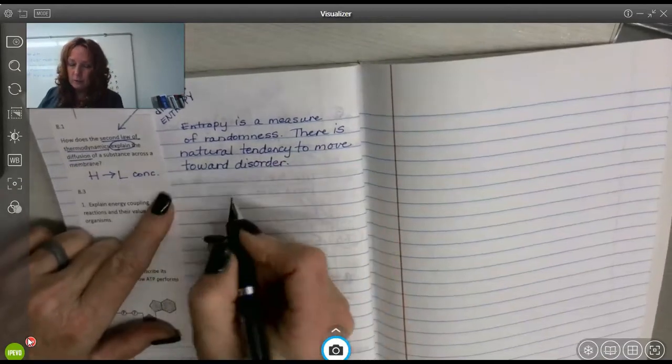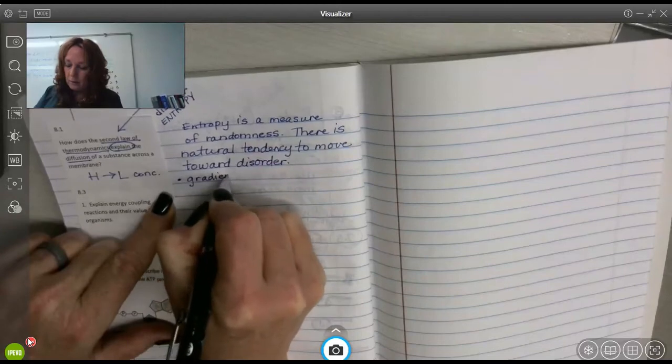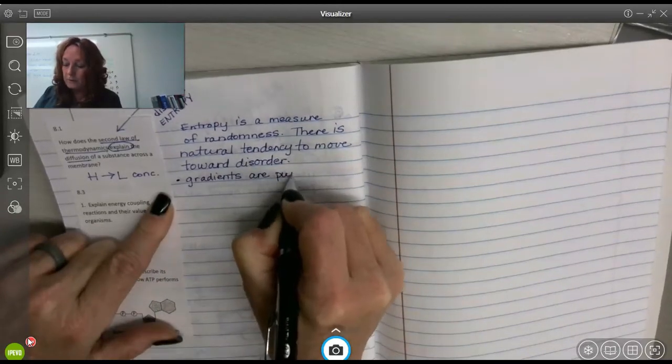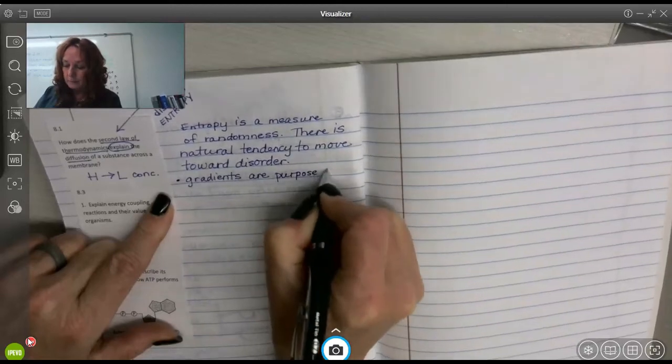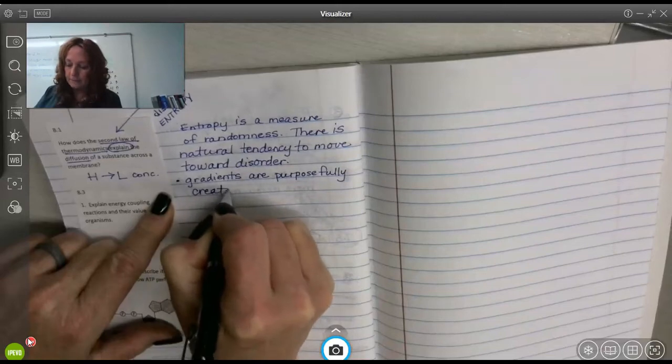So let's make some just thoughts. First of all, gradients are purposefully created.